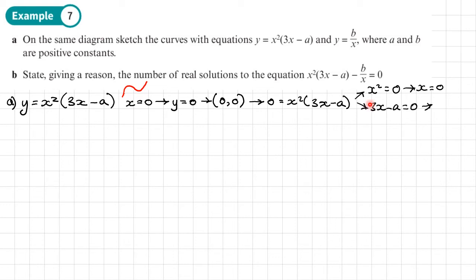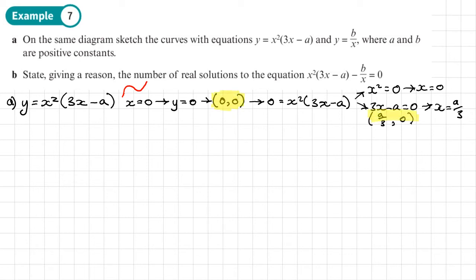Now if we rearrange that, 3x equals a, x equals a over 3. So this gives us the other point of intersection, which is a over 3, 0. We'll just highlight those coordinates for now, because we'll need them in a minute.